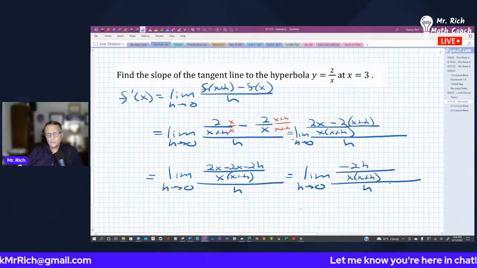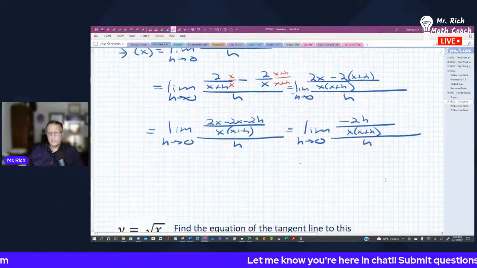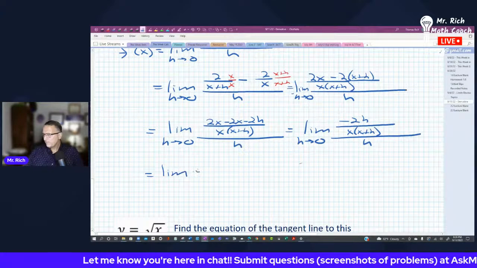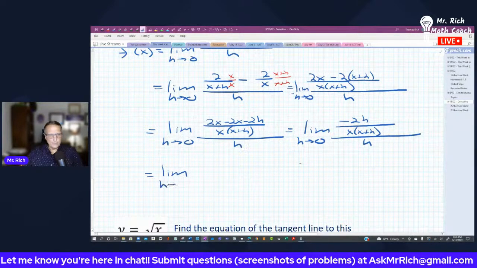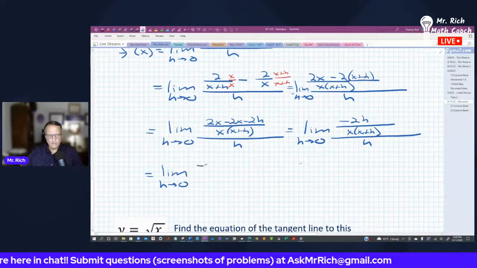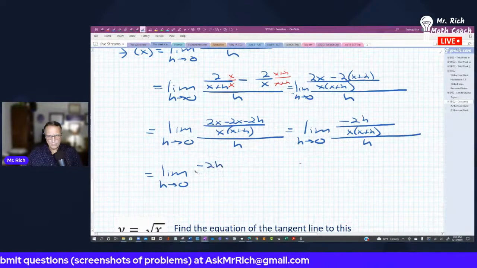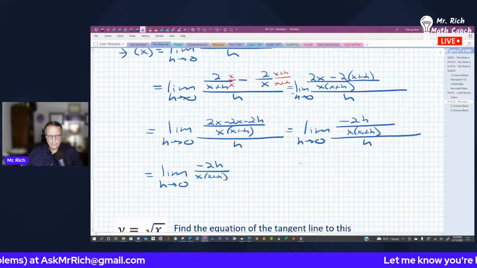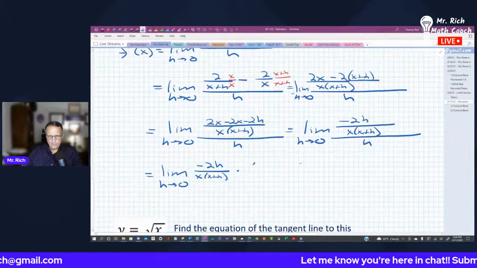Well, if I do a fraction division, and again, I'm going to show this in all of its detail here, because I don't want to lose anybody, but you could combine some steps here. I'm going to write this as negative 2h over x times x plus h, and then I'm going to multiply by the reciprocal right here, right?